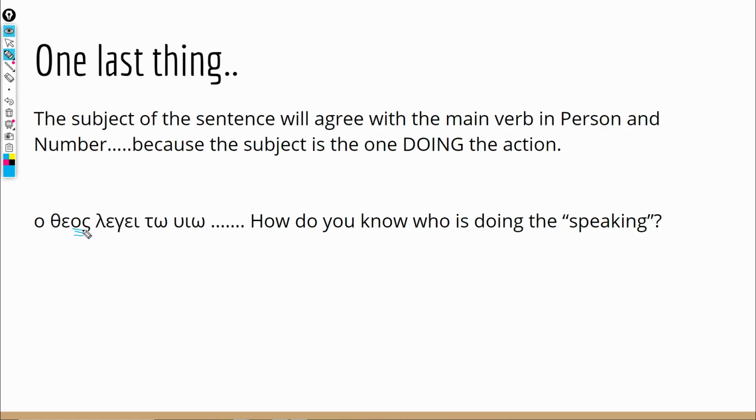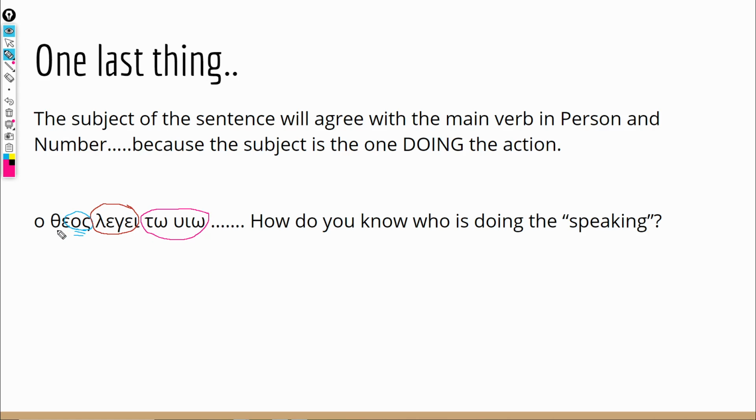Os indicates the subject. So just looking at this already, we know that God is the one doing the action because he is the subject. All right? So now we need to identify the verb. Well, some of you might already notice this is the verb we just saw on the last page. And finally here is the other noun.